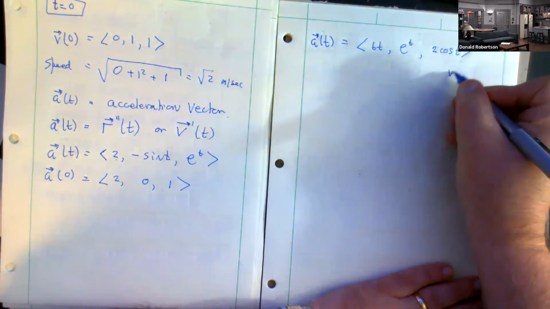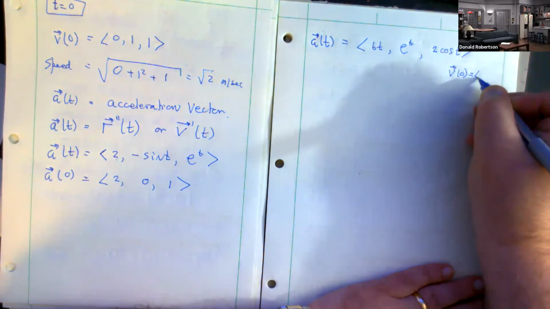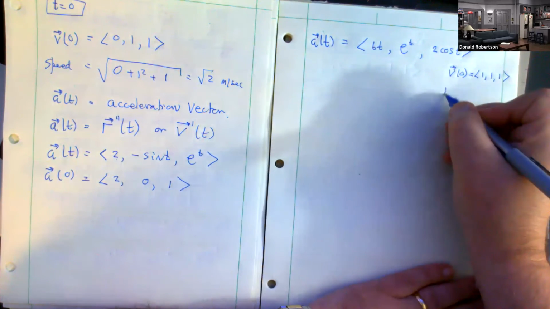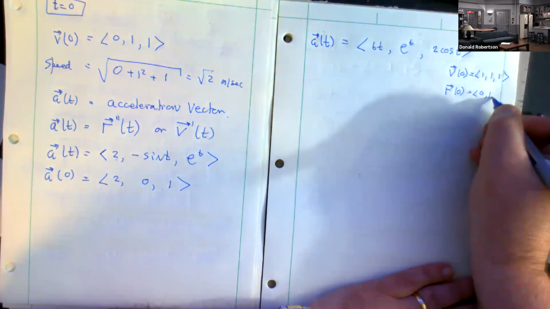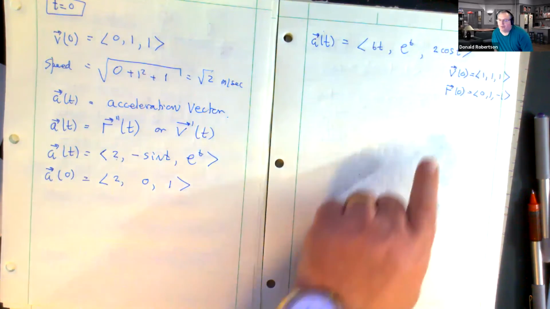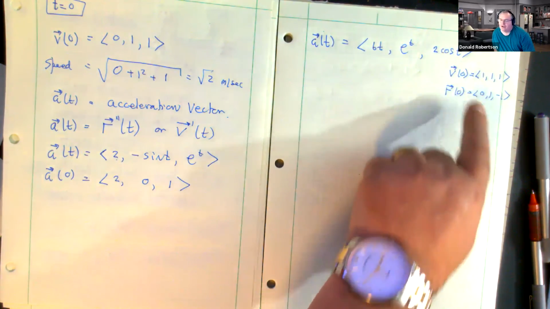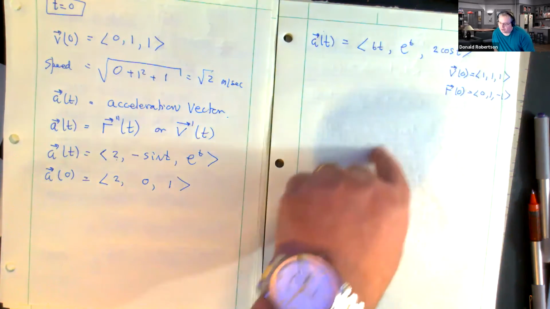And you are told that the velocity vector at 0 is 1, 1, 1, and that the position at 0 was 0, 1, negative 1, right? And with this acceleration and these two boundary conditions, we can work backwards and create the entire space curve.